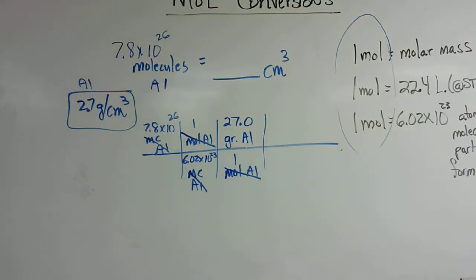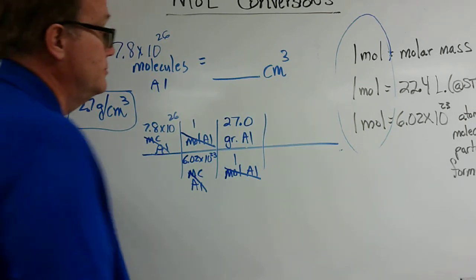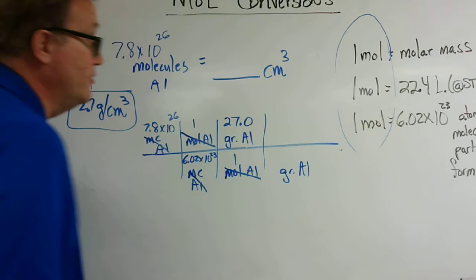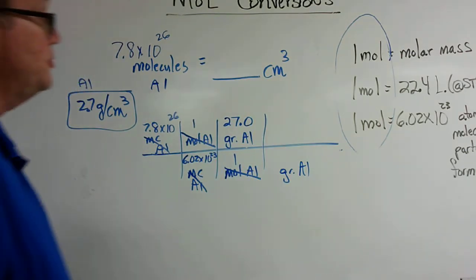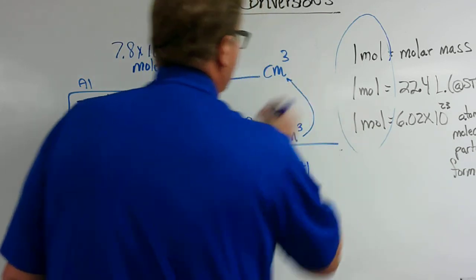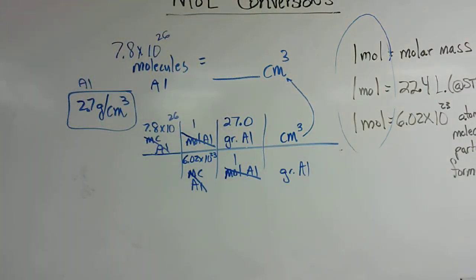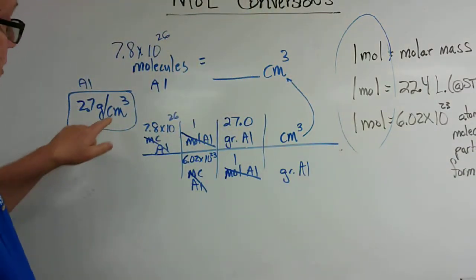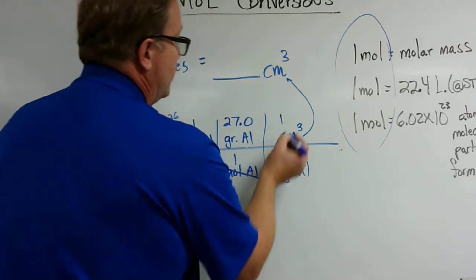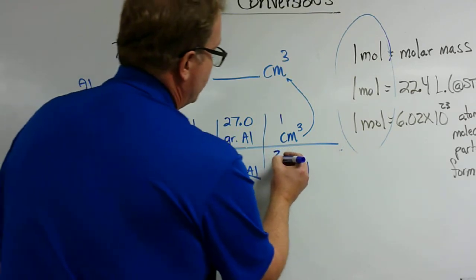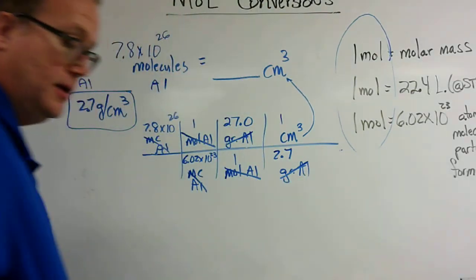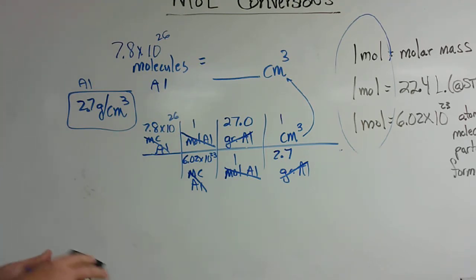Now I put at the bottom grams of Al, since I'm following pattern and I want to cancel it out. And now I'll put the cubic centimeters at the top because that is where I'm going. My number again is 2.7 grams per 1 cubic centimeter. This is 1, and then I put a 2.7 here. And then we have our calculation here.